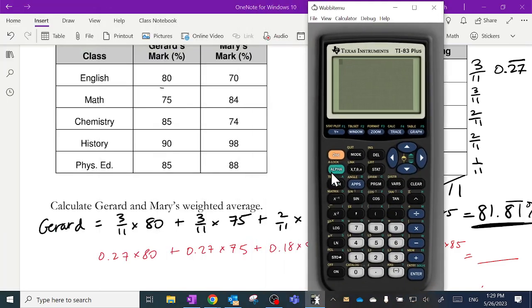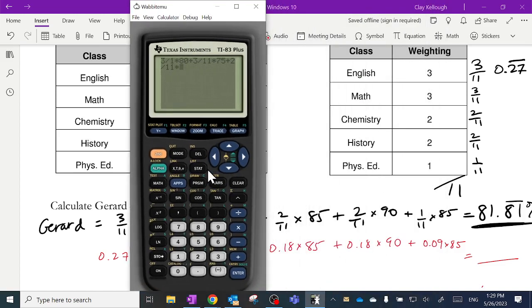Okay, so I would do this. I don't have a fraction button on this fancy calculator, so 3 divided by 11 times 80 plus 3 divided by 11 times 75 plus 2 divided by 11 times, okay, my calculator's in the way.